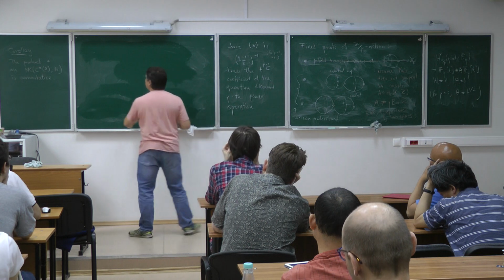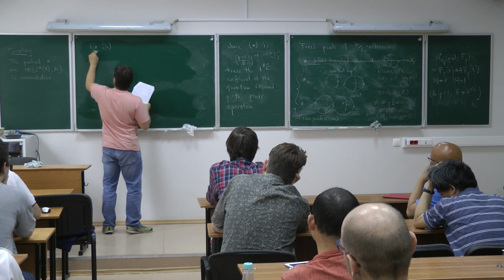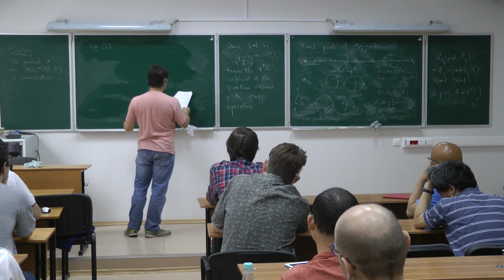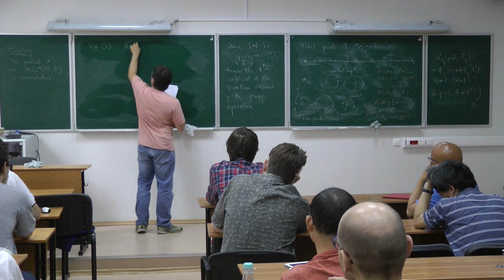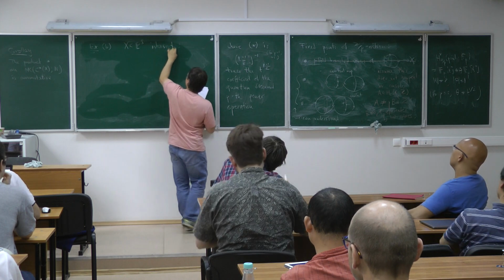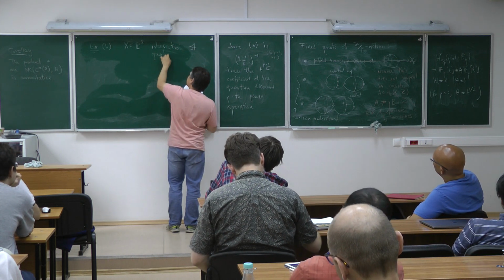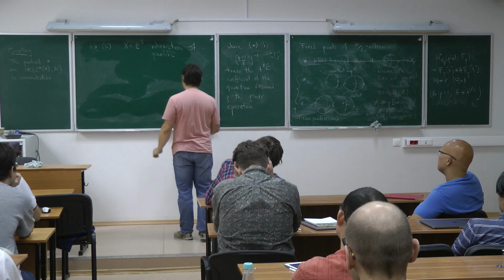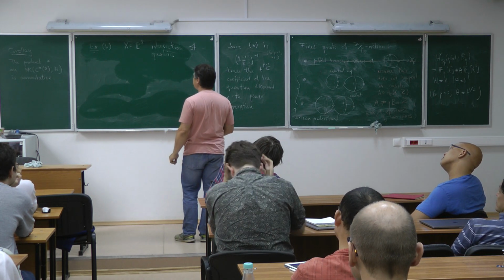So example B, which is the slightly simpler example. So X in P5 is an intersection of quadrics. So then what am I looking at here?